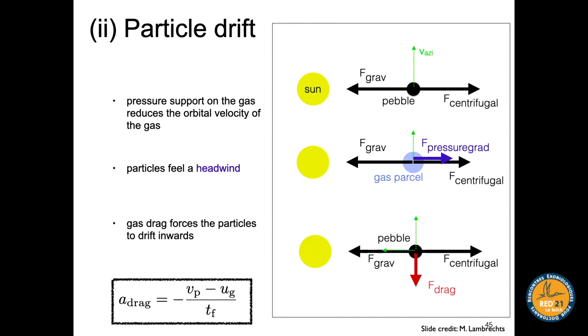So it actually rotates slightly slower than a perfect gravitational Keplerian orbit. An object, a particle drifting within this gas, feels a headwind because it's going a little bit faster. And what does a headwind do? Because of drag and trying to pile up gas, it slows it down. That loses orbital energy and causes it to spiral inward.